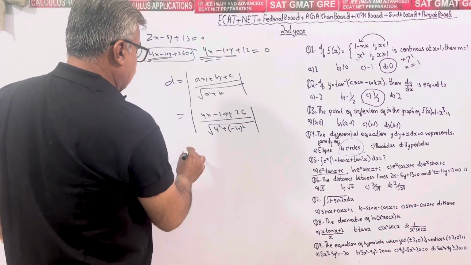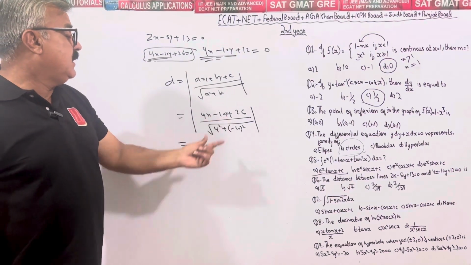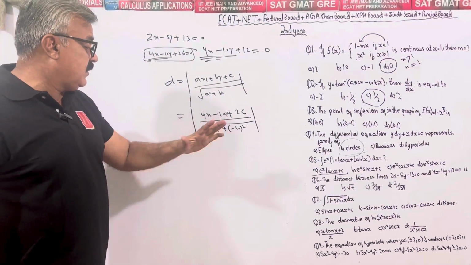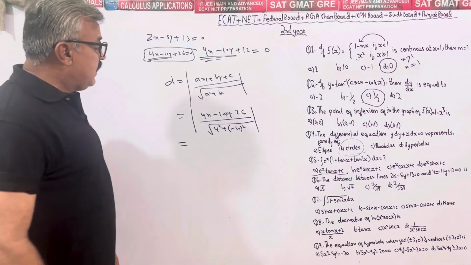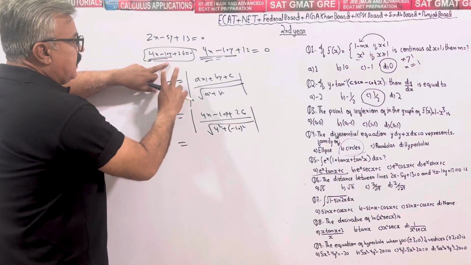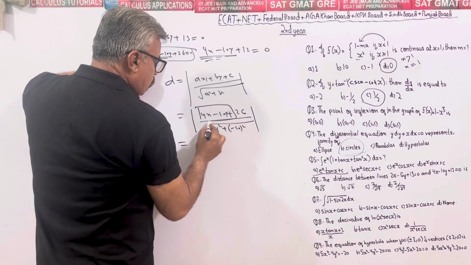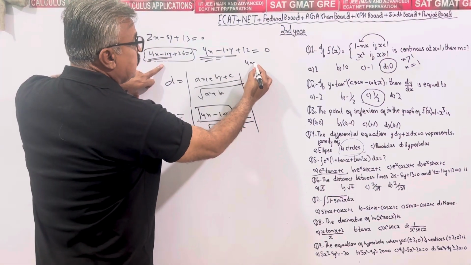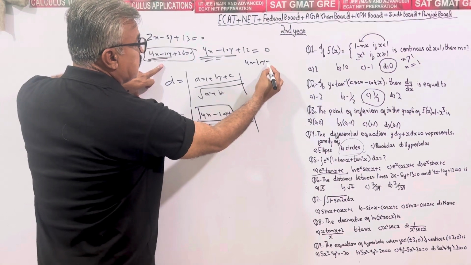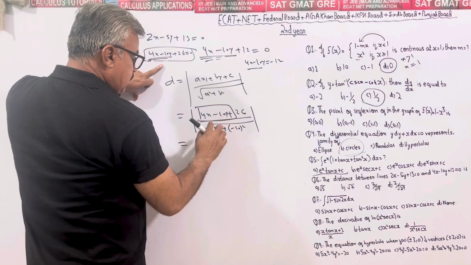Usually we are given a point, and we put in its x and y to get the answer. Here we don't have a point, we have an equation. We can easily find the value of 4x minus 10y from the second equation: 4x minus 10y is equal to minus 12. So instead of 4x minus 10y, we can put in minus 12.